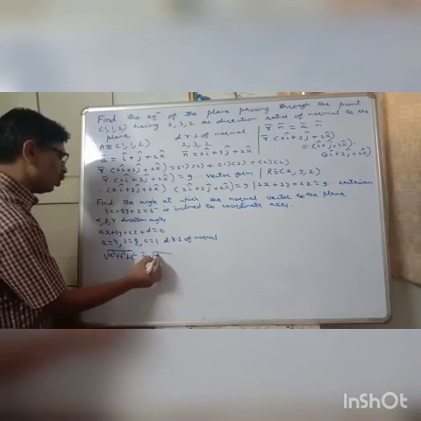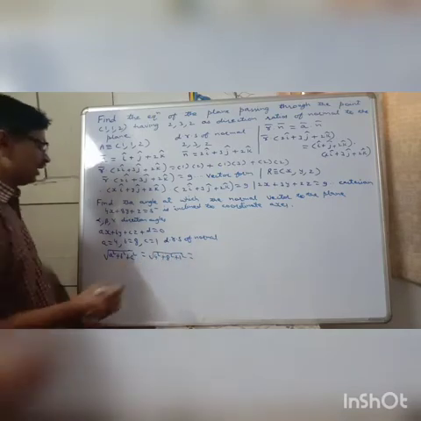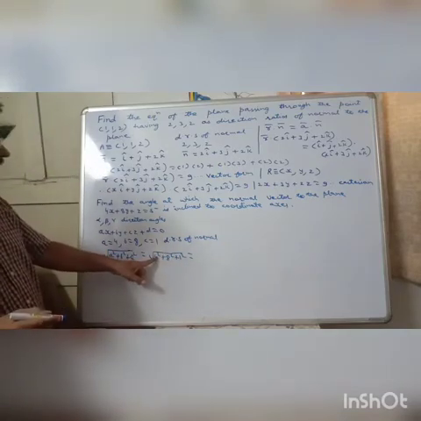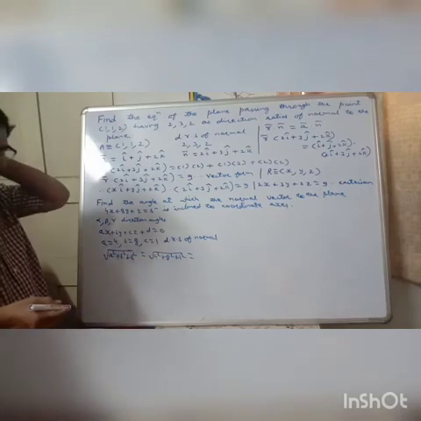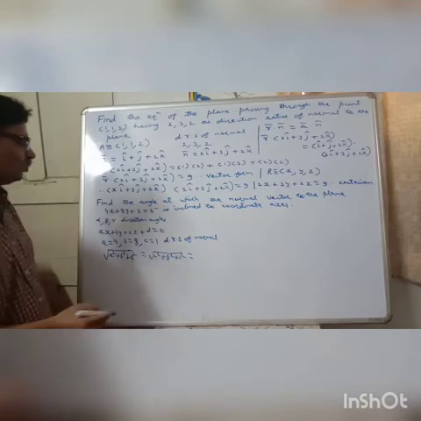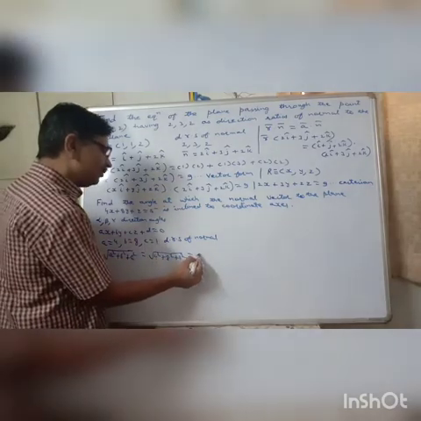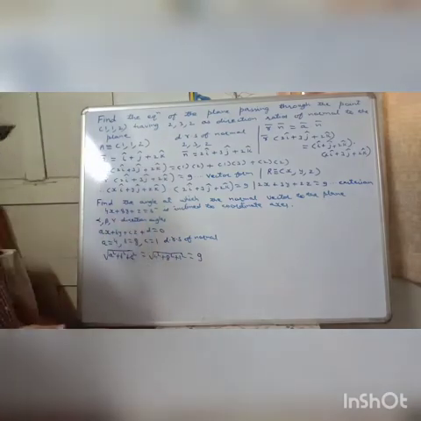Under root 4 square plus 8 square plus 1 square. 4 square 16, 8 square 64, 1 square 1. 16 plus 64, 80 plus 1, 81. 81 perfect square. Its square root is 9.